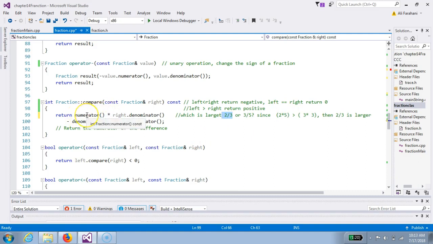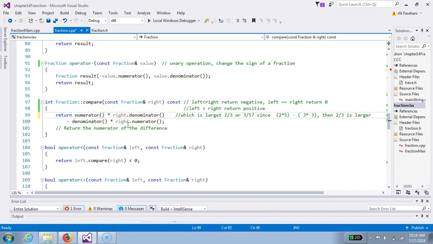That's what's being done here. You grab the numerator of the implicit object, the object that's making the call, multiplied by the denominator of the right fraction, and then subtract. In this comparison, instead of comparing visually, you do a subtraction in the operation that you see here. Then subtract the denominator of the implicit fraction times the right numerator.